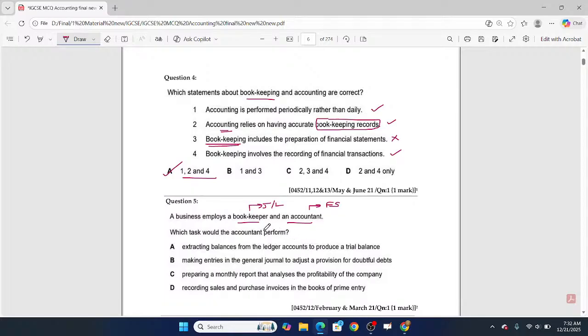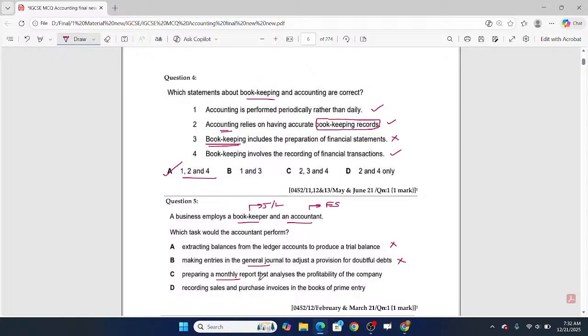Even the trial balance summary may be in the hands of the bookkeeper itself. Okay, so not the correct one. Making entries in the general ledger to adjust the provisions for doubtful debts. Okay. If there is any error, it's nothing but posting in the general ledger, which would also be in the hands of the bookkeeper, not the accountant.